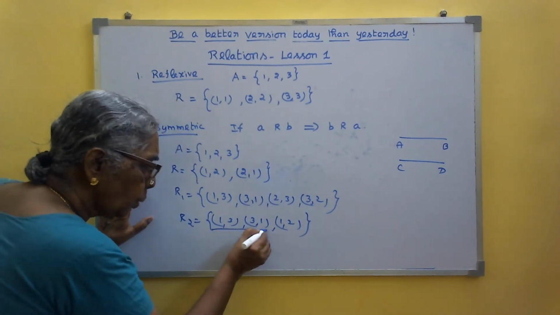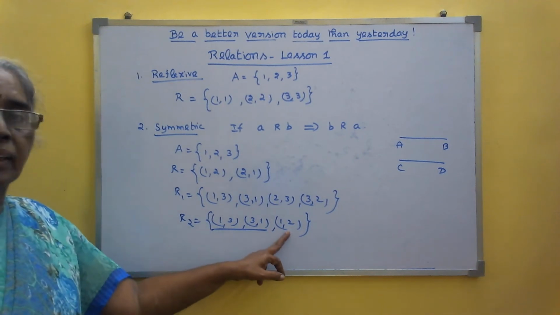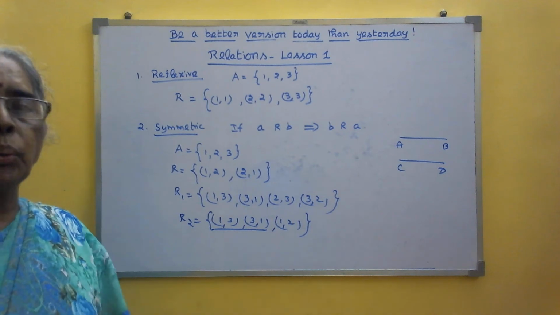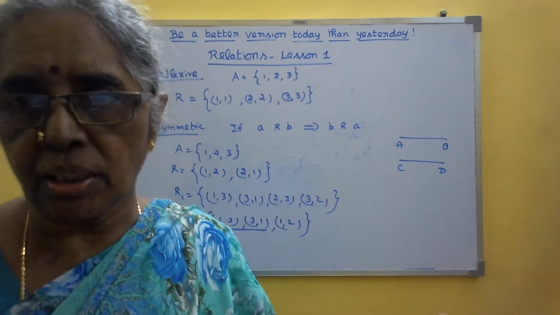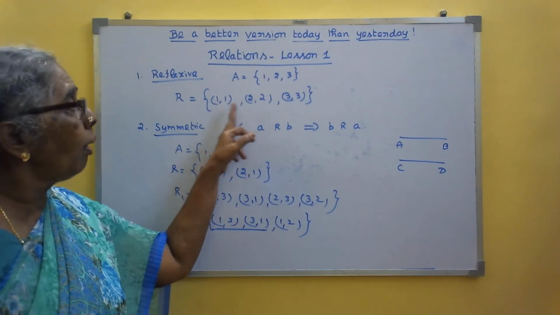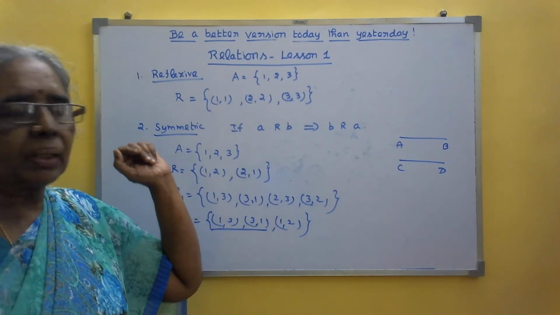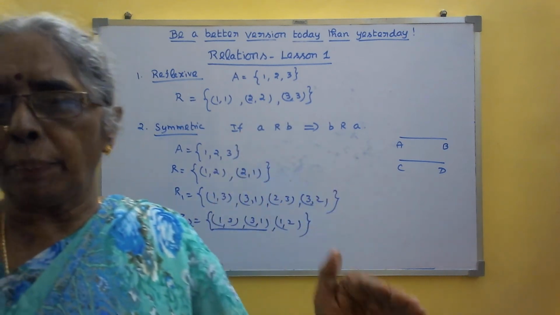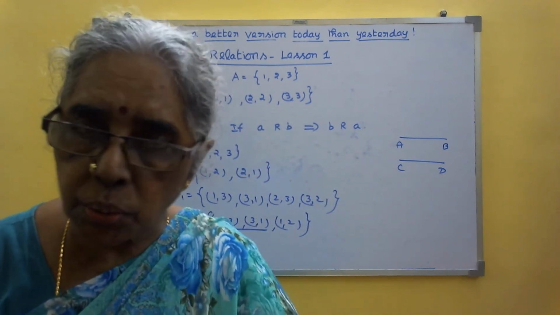Now, these two, you have the symmetric pair. For this one, you don't have the symmetric pair. So, definitely this R2, this relation is not symmetric. Okay, are you clear now? Reflexive means all the pairs should be there. In symmetric, for each particular pair, the symmetric pair should be present. Hope you are clear about these two, right?